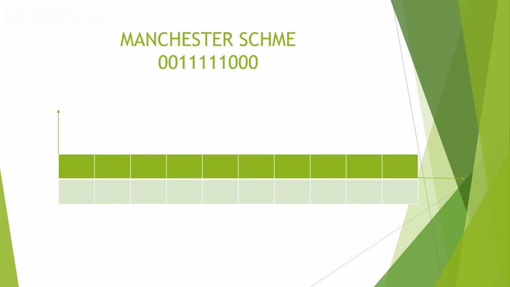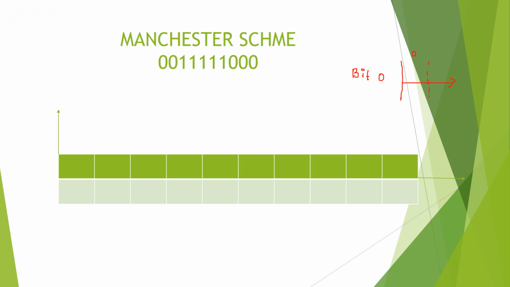Manchester scheme. For synchronization purposes, in the case of the Manchester encoding scheme, the transition at the middle of each bit can be considered. So in the Manchester encoding scheme, we can represent bit 0 as, this is the x and y axis.